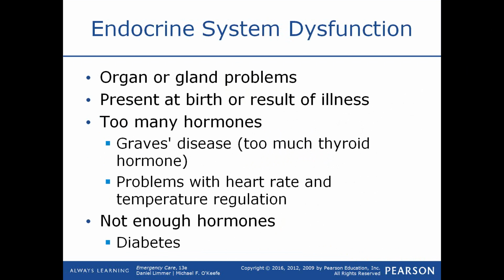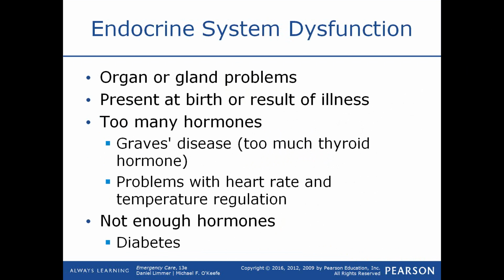In patients who have Graves' disease, they may have problems regulating their heart rate or their body temperature, but one of the telltale signs of Graves' disease is bulging eyes, protruding eyeballs that almost look like they're protruding out of the socket. And you see that in patients with Graves' disease.